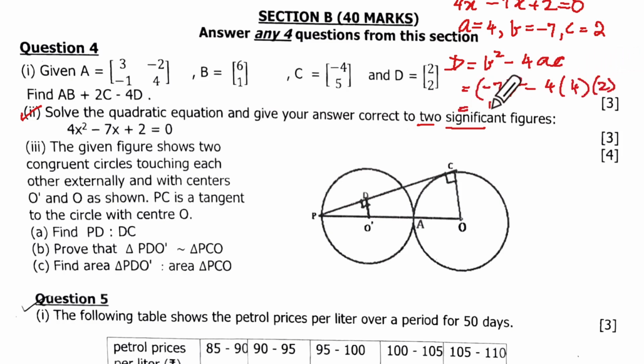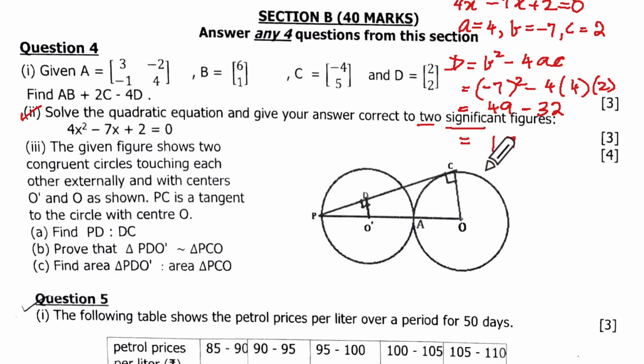So that will give us 49 minus 4, 4, 16 2s, 32, which is going to give us 17.